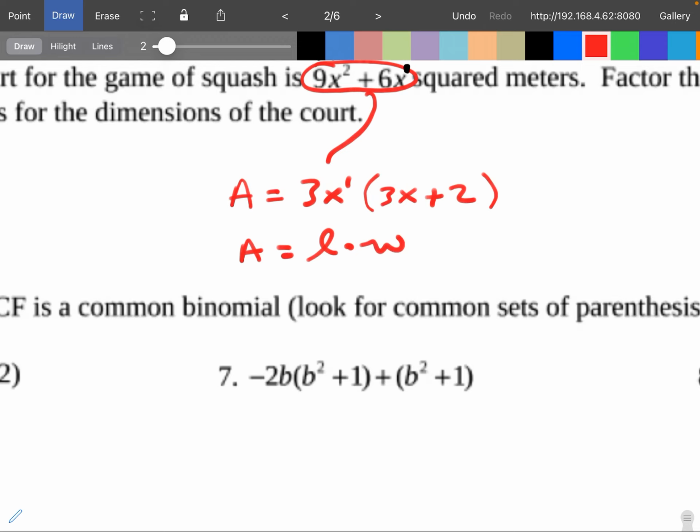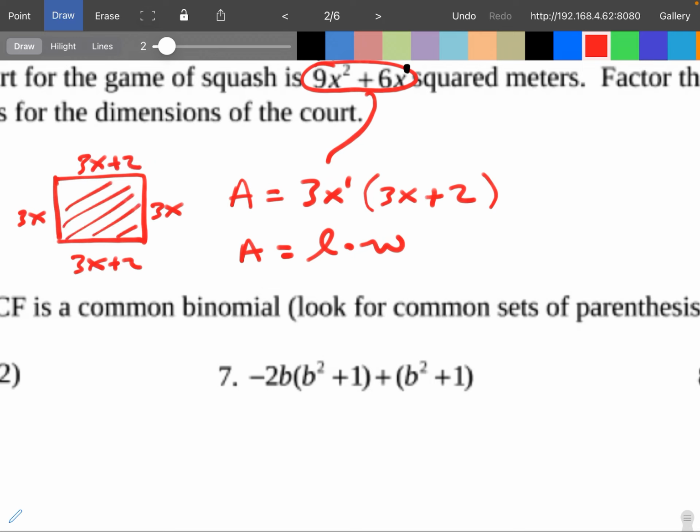For a rectangle. This would be some kind of rectangular court for this game. So if I drew you a little picture of it, it would look something like this. This side would be 3x. This side would be 3x. This side would be 3x plus 2. And this side would be 3x plus 2. That's what you did. So the area in here would just be the length times the width.